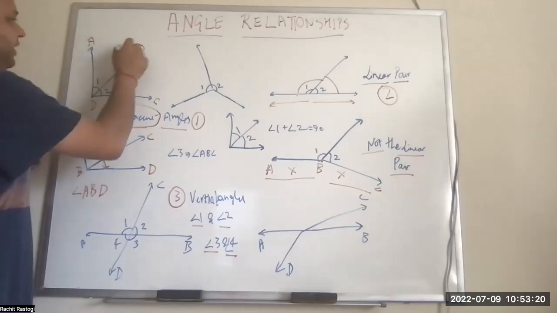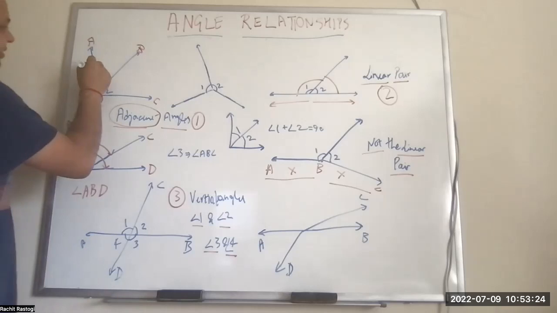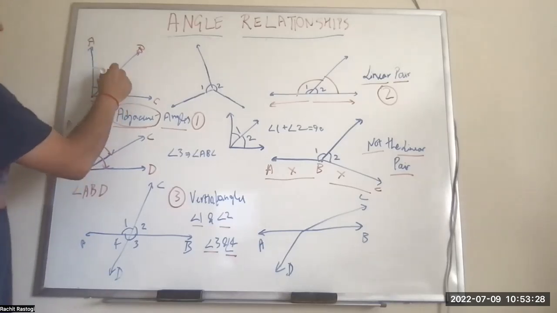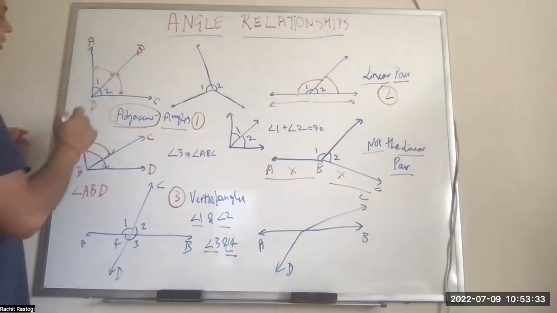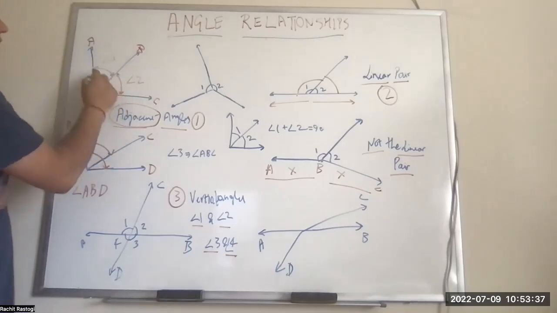So there is angle ADB as well as angle BDC. These two angles are right next to each other. So when I say angle 1 and angle 2, these two are adjacent.